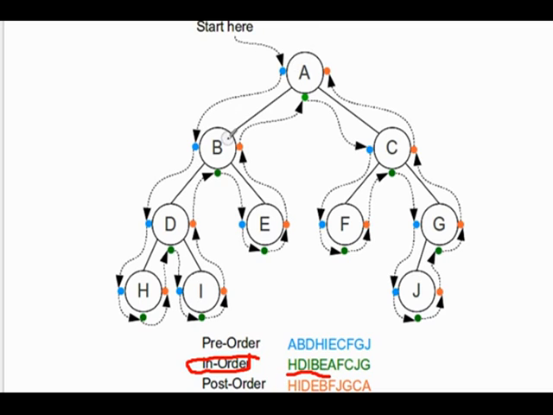Then this is the self of B, so A, and then this is the right, but we have to visit the leftmost first, so we cannot go here, we have to go here first, so F, and then you can visit C, self, and then the right, but this right has a left, so I cannot visit him now, I have to visit J first, and then I will visit G, which is self.